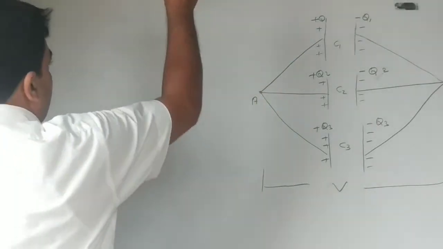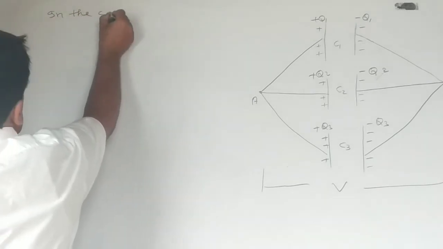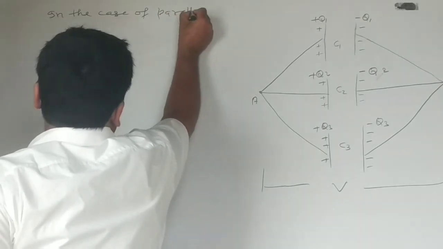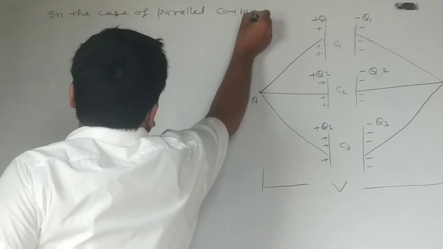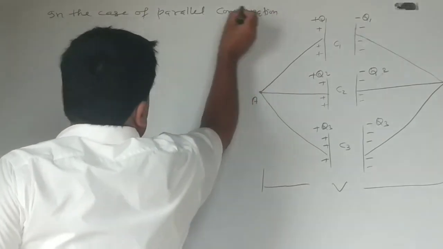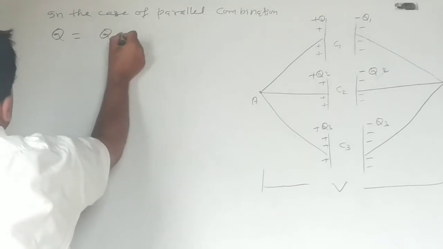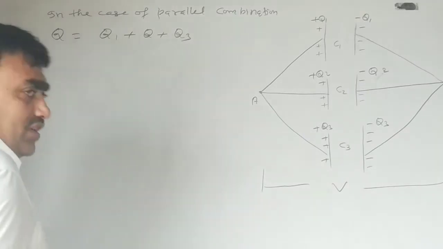In the case of parallel combination, Q is equal to Q1 plus Q2 plus Q3.